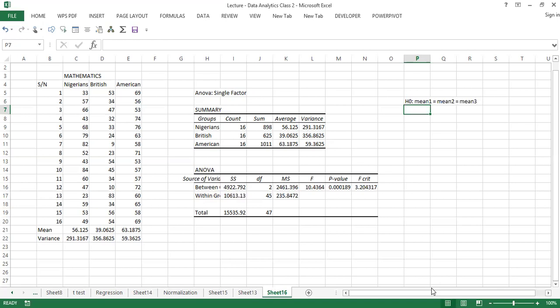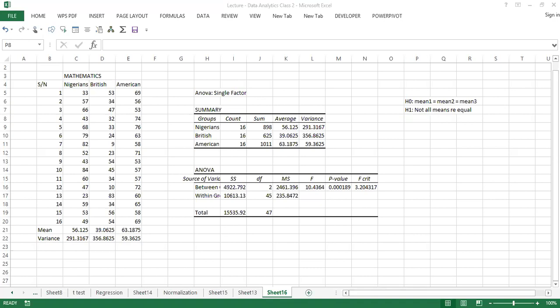Okay? So that's what the null hypothesis says, that the means are equal, right? Yes. All the means are equal. But the alternative hypothesis says that not all means are equal.